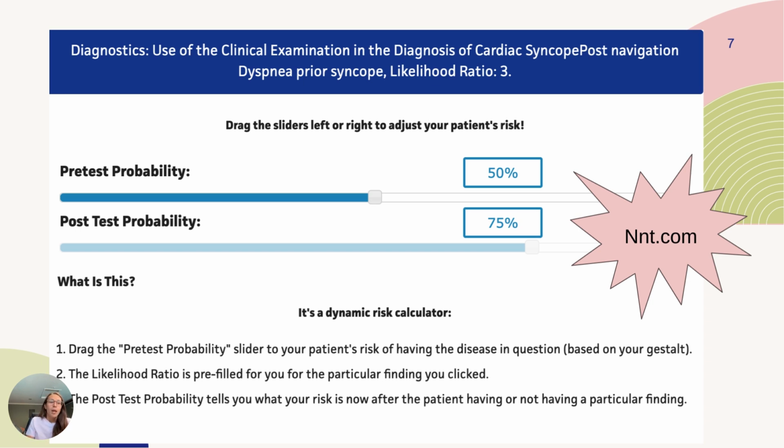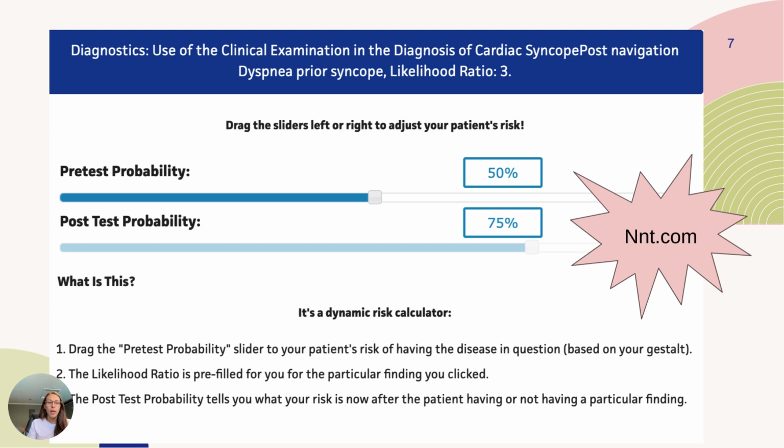If I apply that question of shortness of breath and the person says yes, supposedly it will increase my post-test probability to 75%. So we're extra concerned for this patient. That positive likelihood ratio of 3.5 does increase the post-test probability, so it goes to show it's an important history question to ask when we're thinking about cardiac syncope.